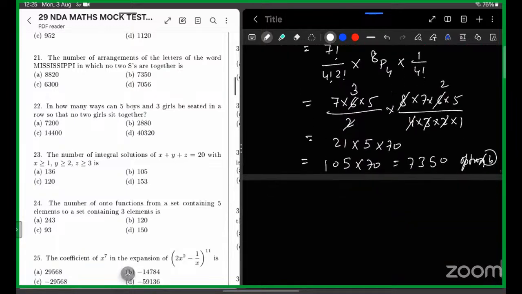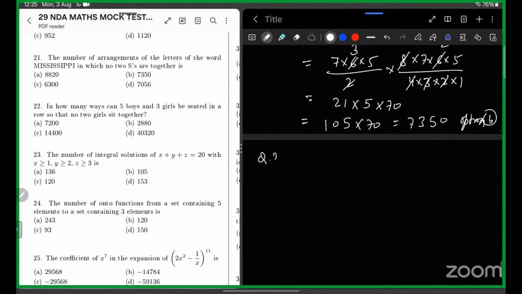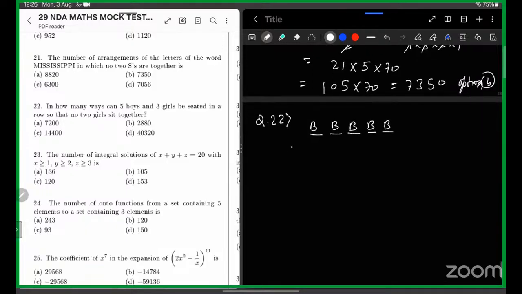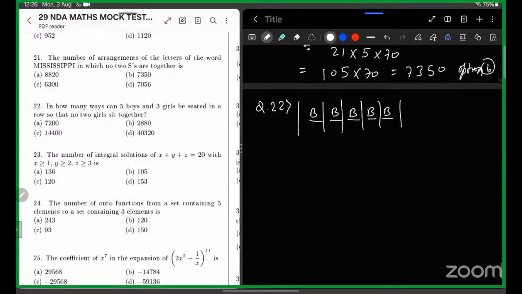This is question number 21, then question number 22 is: how many ways can 5 boys and 3 girls be seated in a row so that no two girls sit together? Okay, first 5 boys, 1 2 3 4 5, that is 5 factorial, and the remaining spaces will be the total for girls.